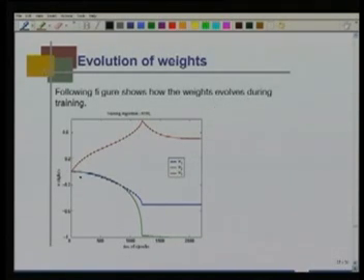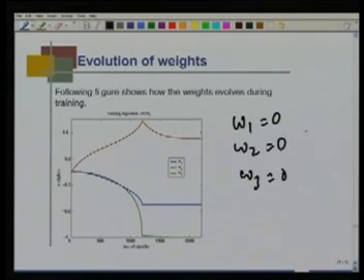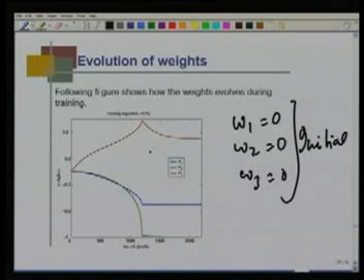In the beginning all the weights were initialized to be 0: W1, W2, W3. Initially W1 was 0, W2 was 0, this is initial. As training progressed the weights settled: W3 settled at 0.5, W1 settled at minus 0.5, and W2 settled at minus 1, which are desired.